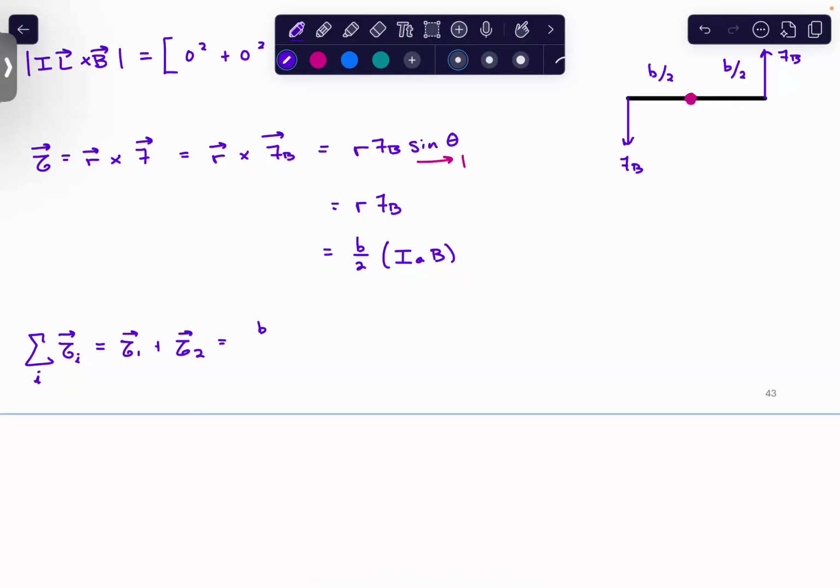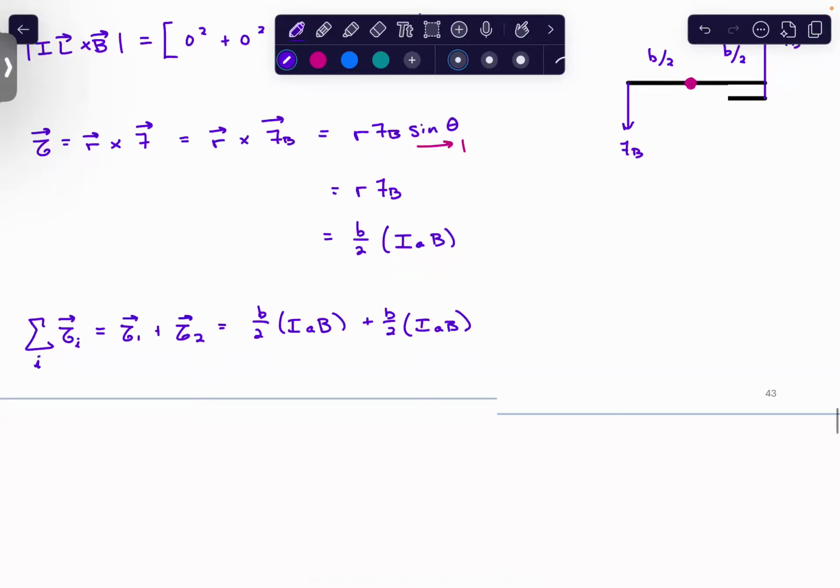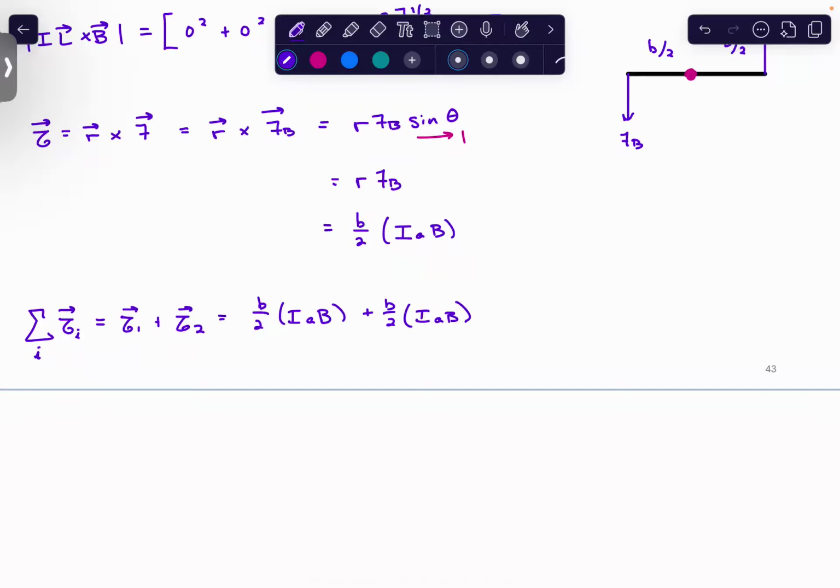So we're going to get B over 2 I A B plus B over 2 I A B. That's going to be 2B over 2, or A times B times B.